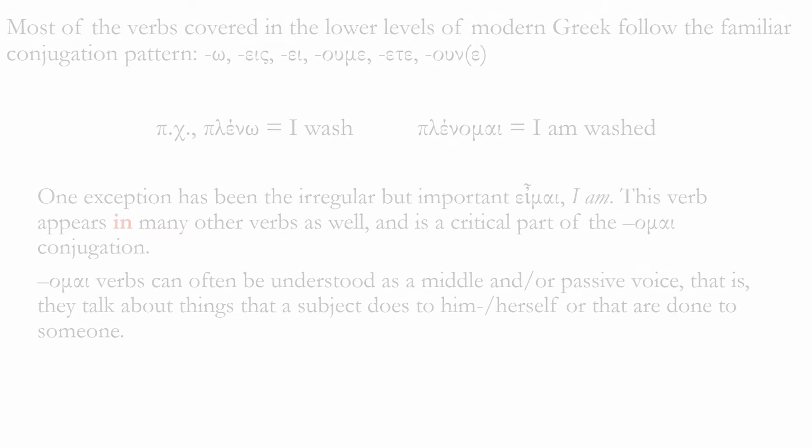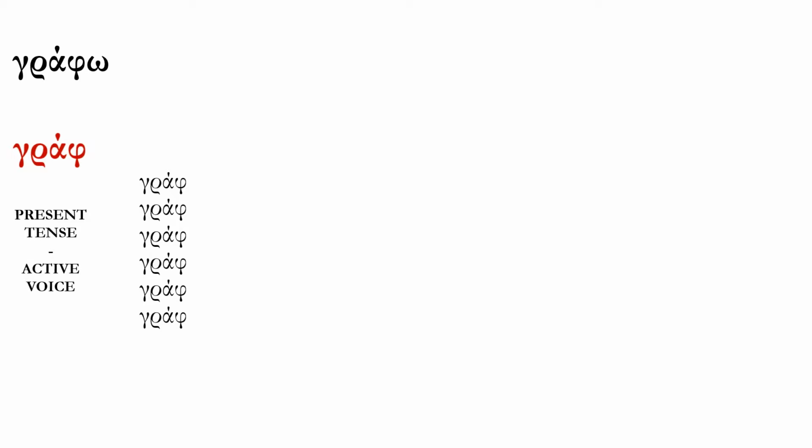So let's take a look at an example here. And we'll start with the verb grafo, which means I write. And you can see I've got the stem, the red part up there, the part that isn't going to change for the most part. So grafo is I write. And when we want to build a normal present tense active verb, we're going to just take our stem right here, graf, and I've got it here 6 times because we'll need it for the 6 persons.